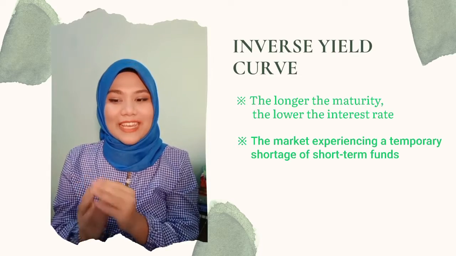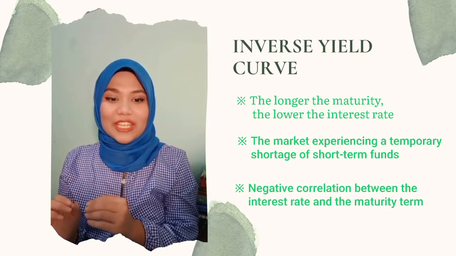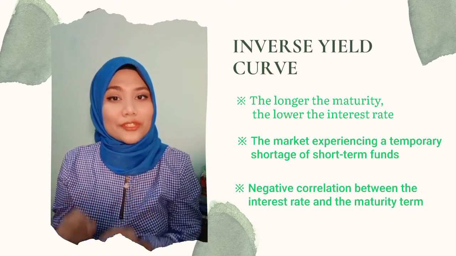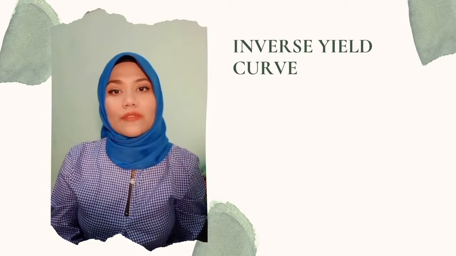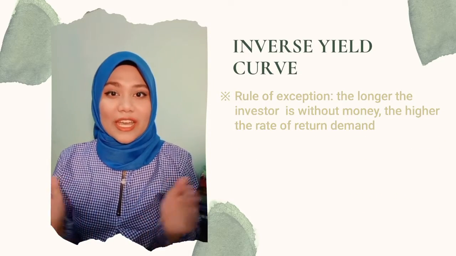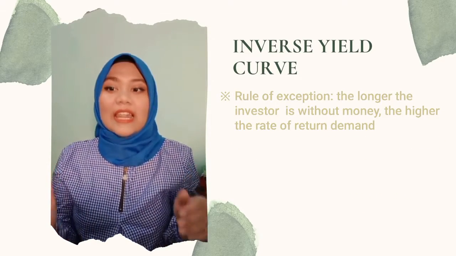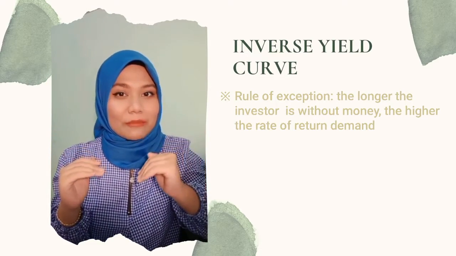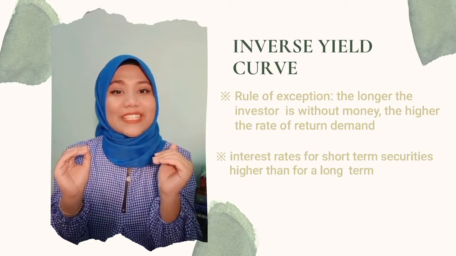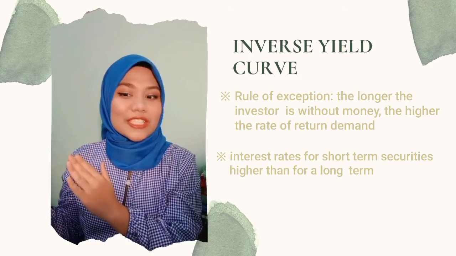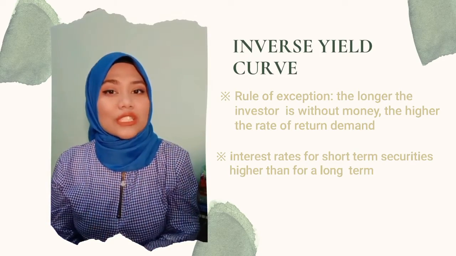When there is a negative correlation between the interest rate and the maturity, it is called an inverse yield curve. The rule of exception lies where the longer an investor is without money, the higher the rate of return demanded. It occurs when interest rates for short-term securities are higher than those for long-term.